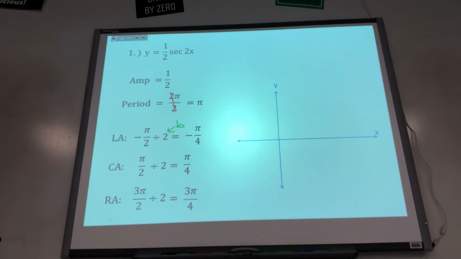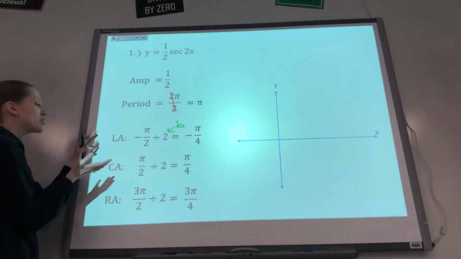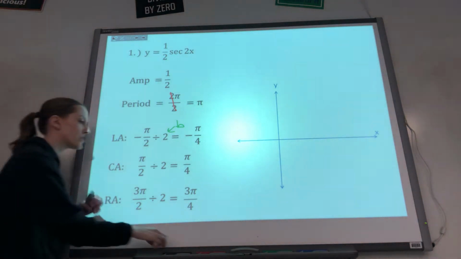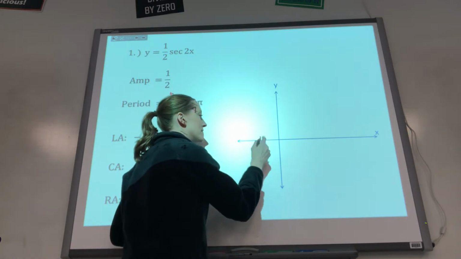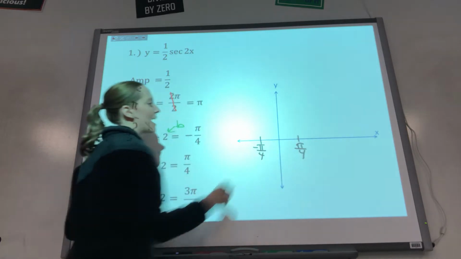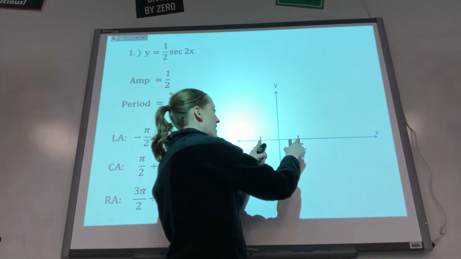And try to remember what I said earlier. The distance between the first two asymptotes should be the same as the distance between the last two. So I'll try to keep that as even as possible. If this is negative pi over 4, then that would be positive pi over 4. And then here I go.